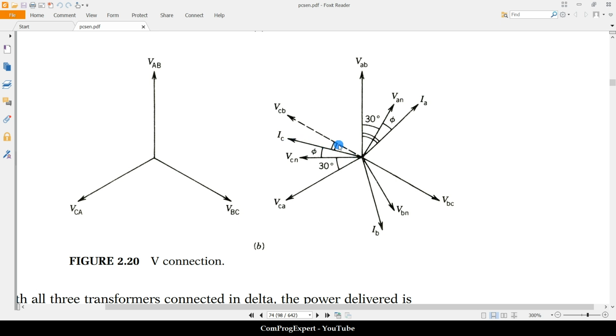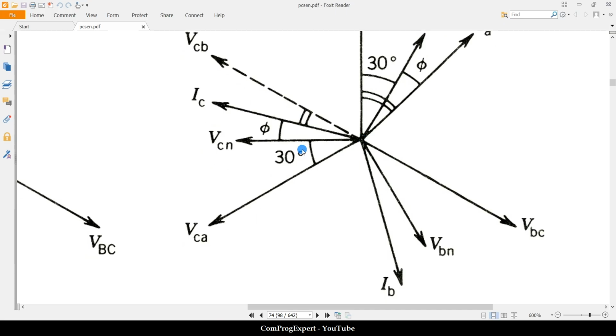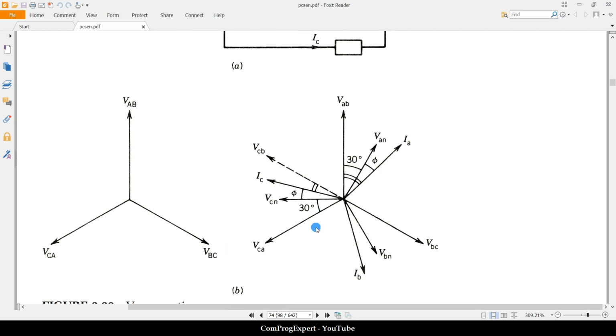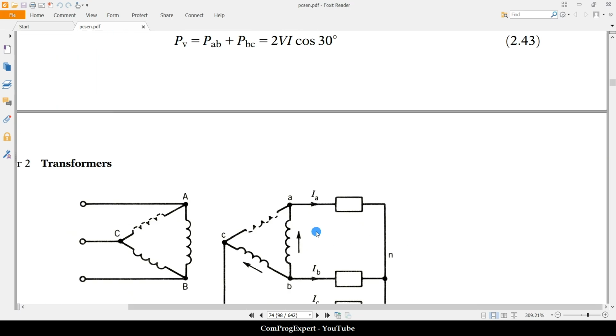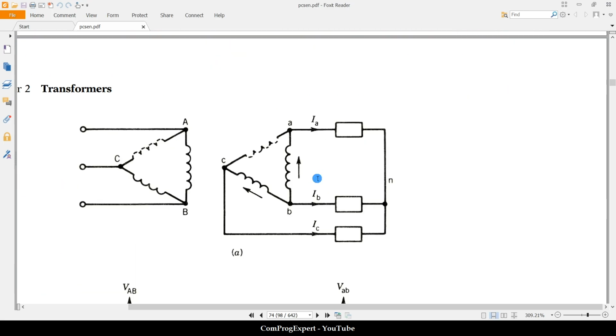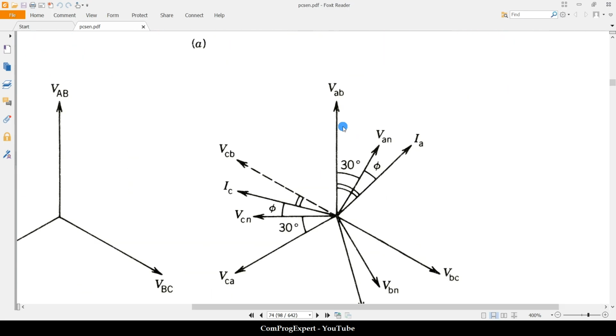Okay, so this angle, this one, is 30. This is 30 minus phi. Okay, 30 minus phi. And this is 30 plus phi, the angle between VAB and IA.